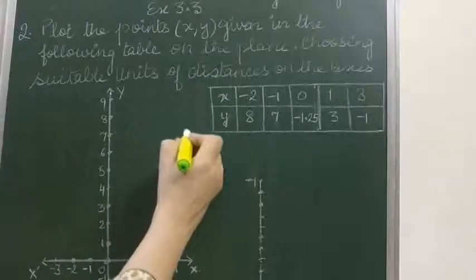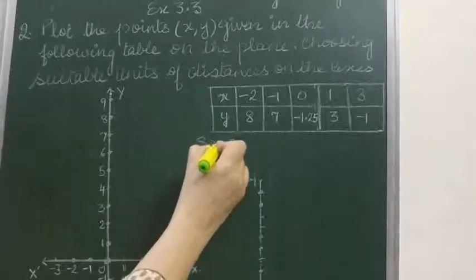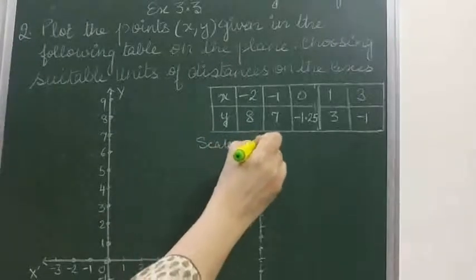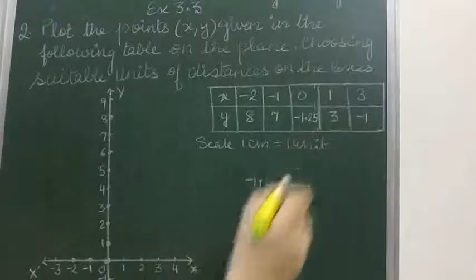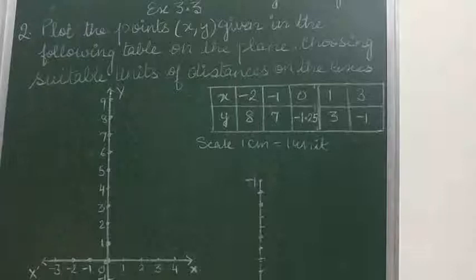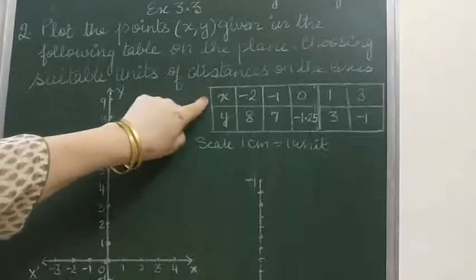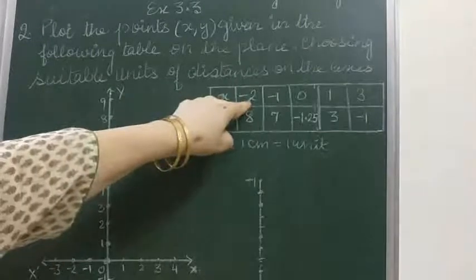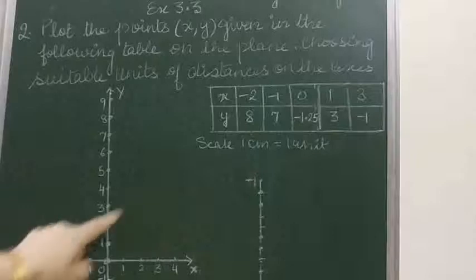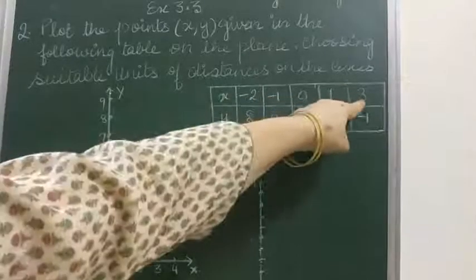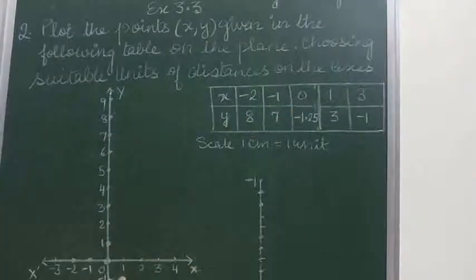So scale is 1 centimeter equals 1 unit. The minimum value of x is -2, so we will take 1 extra, that is up till -3. The maximum value of x is 3, so on the right side we will take 1 extra value, that is 4.